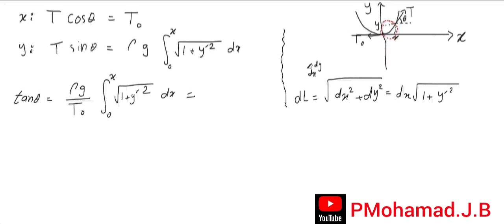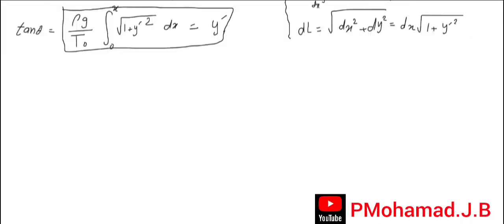This is the theta angle, and the tangent of this angle is the derivative of y with respect to x at this point. So this is our differential equation. We're going to solve it. Now we can differentiate both sides, so our differential equation will be y double prime equals rho g divided by T0 times radical 1 plus y prime squared.